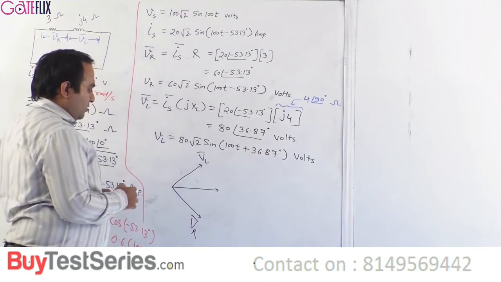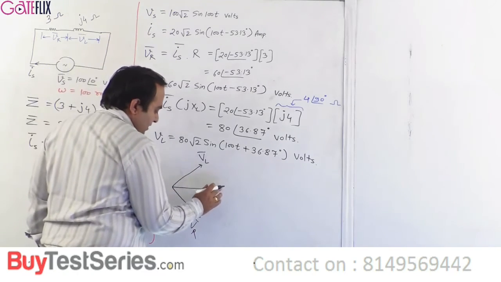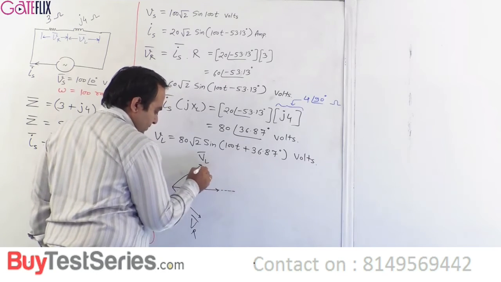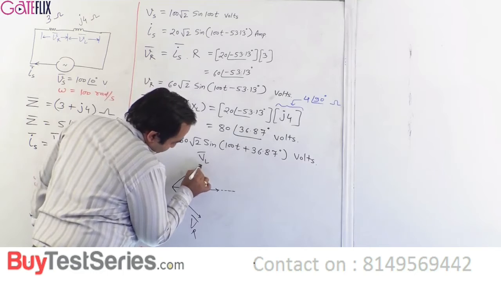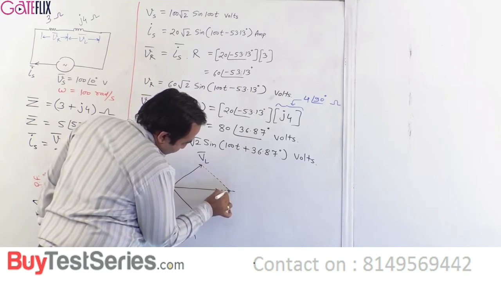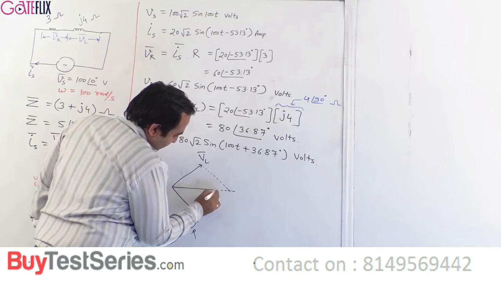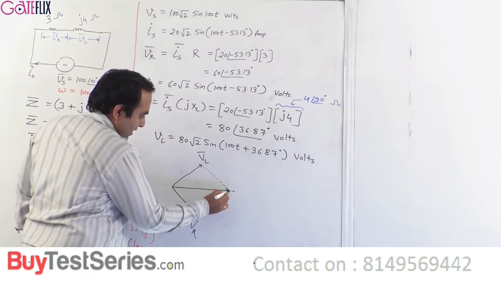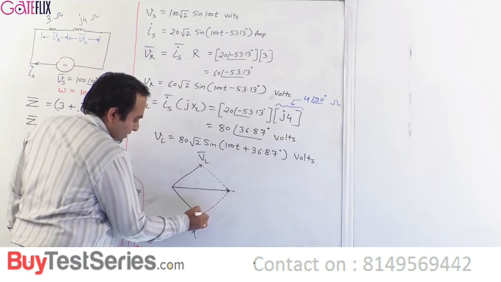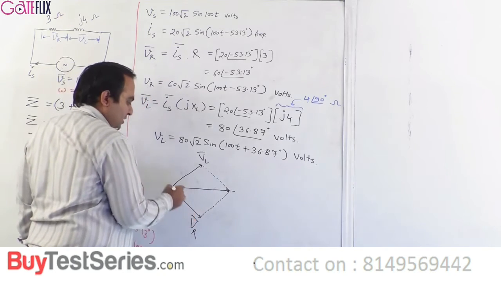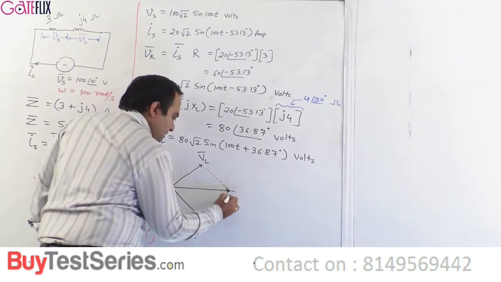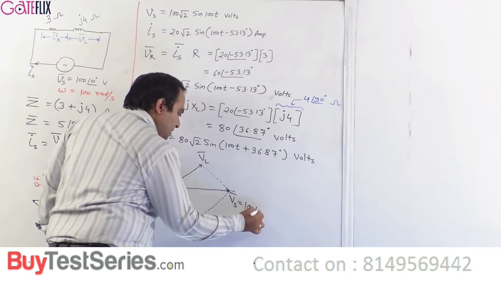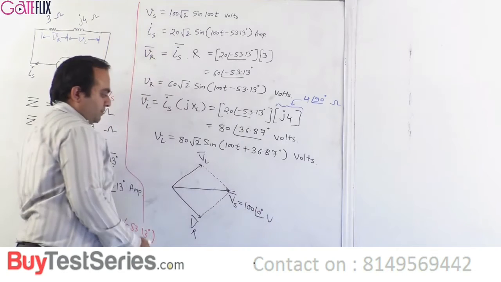Is this okay? So we can make it a complete parallelogram like this. You have to draw a line parallel to this. So this should go up to this point, and this should be parallel to this, so that this is VR, this is VL, and this is your Vs. So what is Vs? This is 100 angle 0 degree volts.